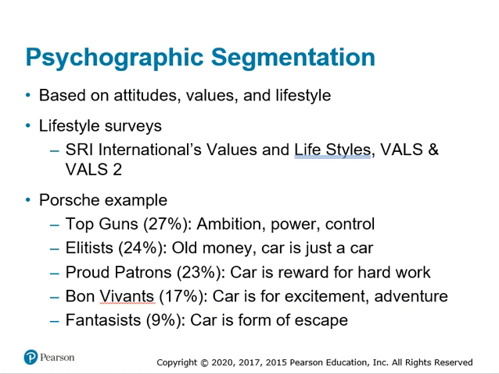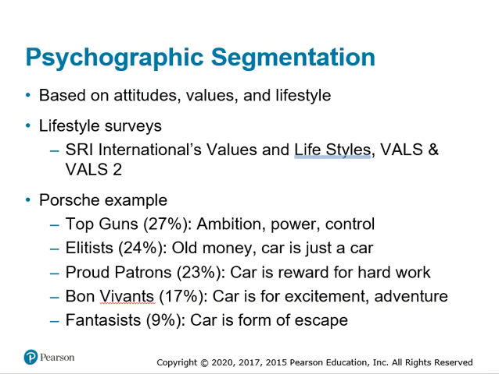They categorize people in a few dozen groups based on these behaviors and attitudes and values. For example, Porsche turned to psychographics after experiencing a worldwide sales decline. They did a psychographic study using the VALS categories, and it showed that Porsche buyers could be divided into several distinct categories, as you can see on the slide.